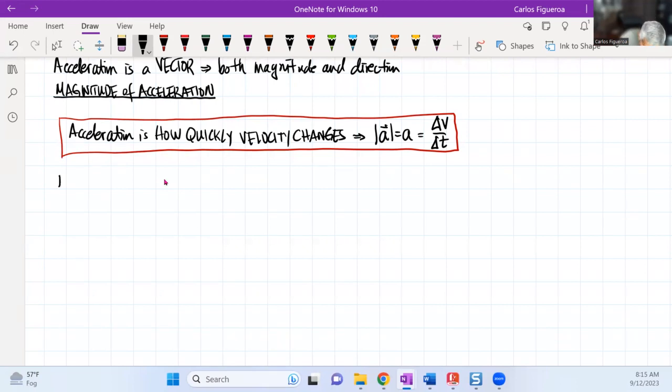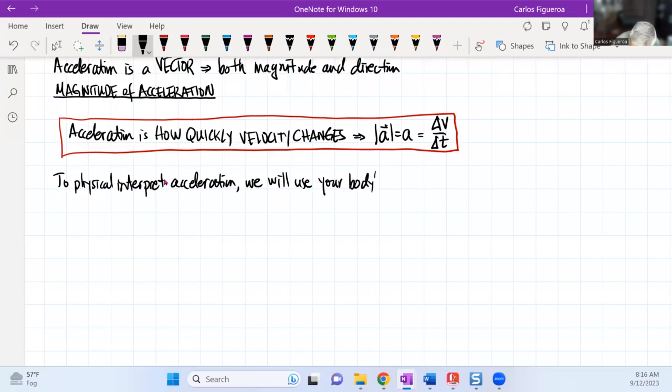So now to physically interpret acceleration, we will use your body's motion. So here's what I mean.